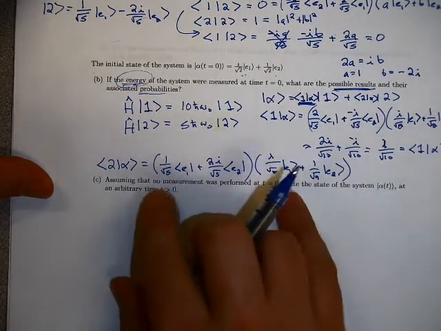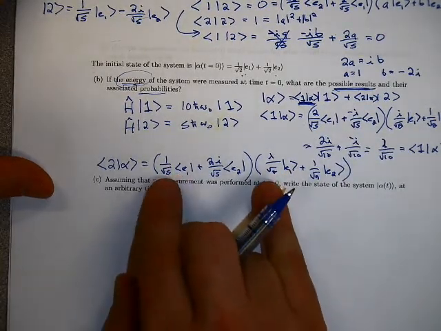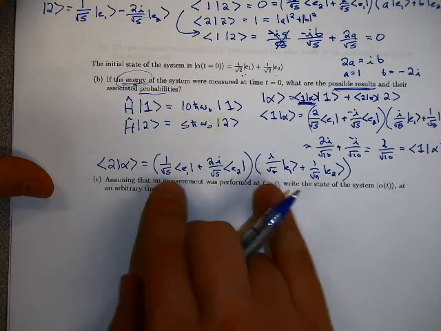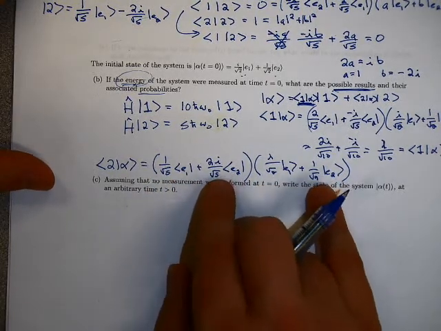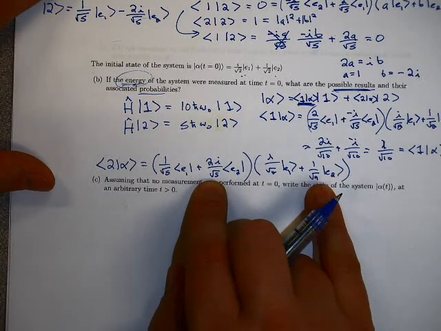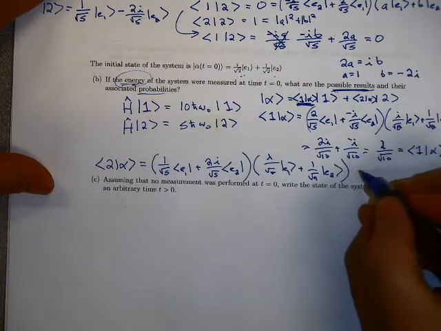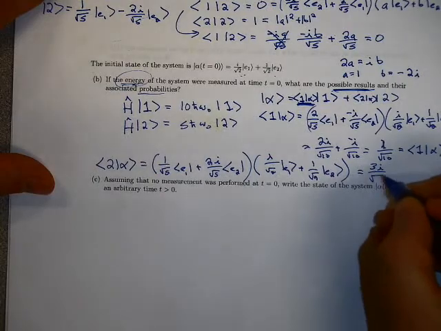It looks like this term stays, the i over root 10, and when the e2's hit, I get another 2i over root 10, so a total of 3i over root 10.